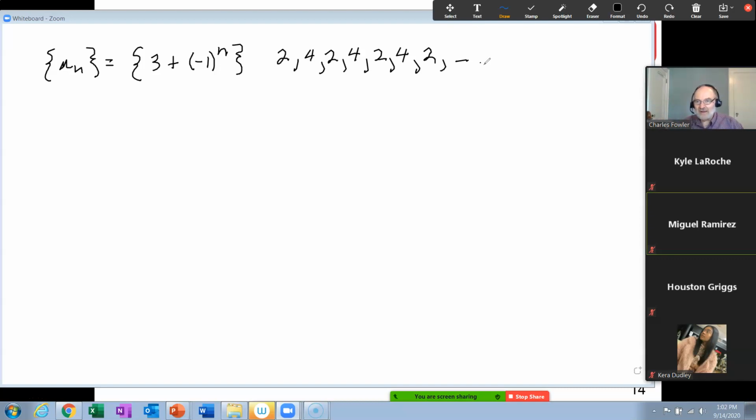Okay, now by what we learned before, here's the other way we could say that. This would be the same as saying 3 plus the limit of this, and that would be 3 plus 1, or 3 minus 1, 3 plus 1, 3 minus 1. So yeah, that's never going to converge. Okay, they don't even do that second part, they just left it.